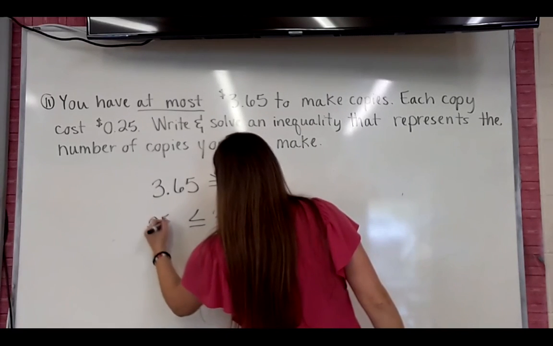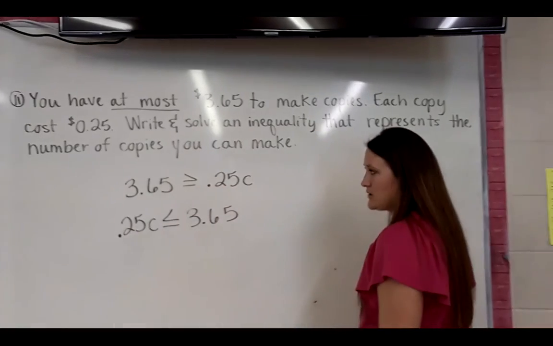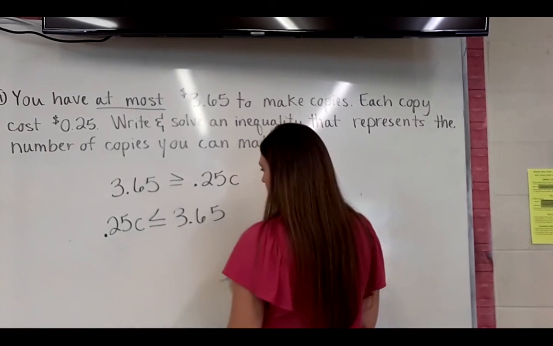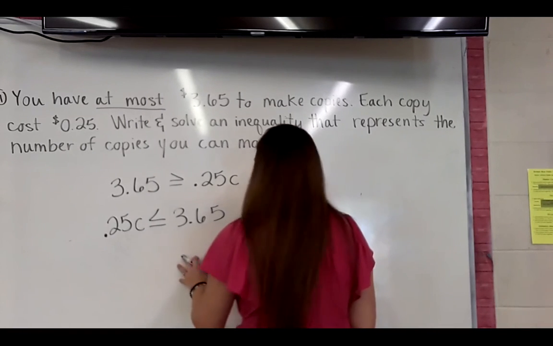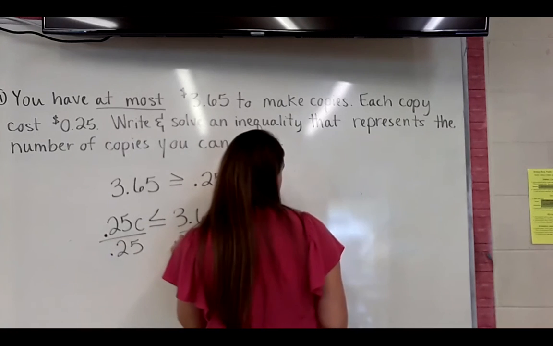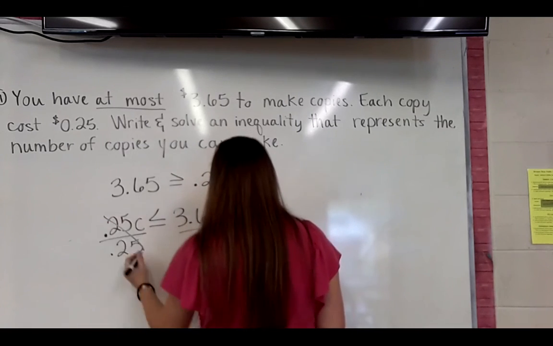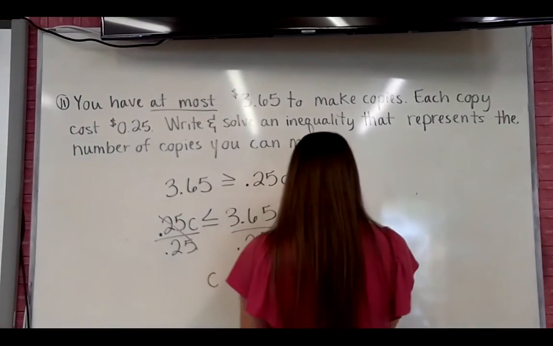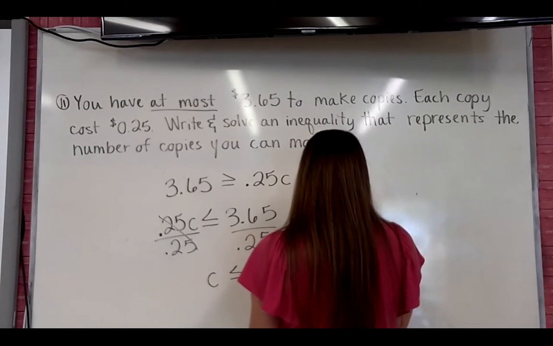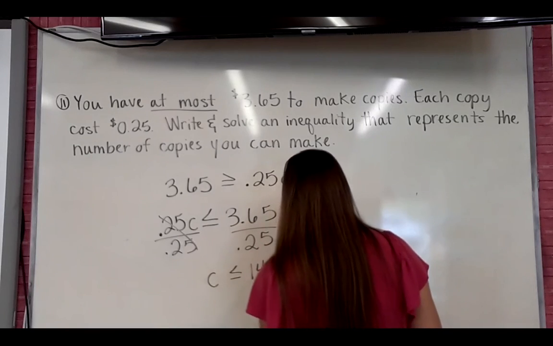So either way, these are both correct, whichever way you wrote it. So then it says, now solve. So to solve this, I have to divide both sides by 0.25. And our final answer comes out to $14.60.